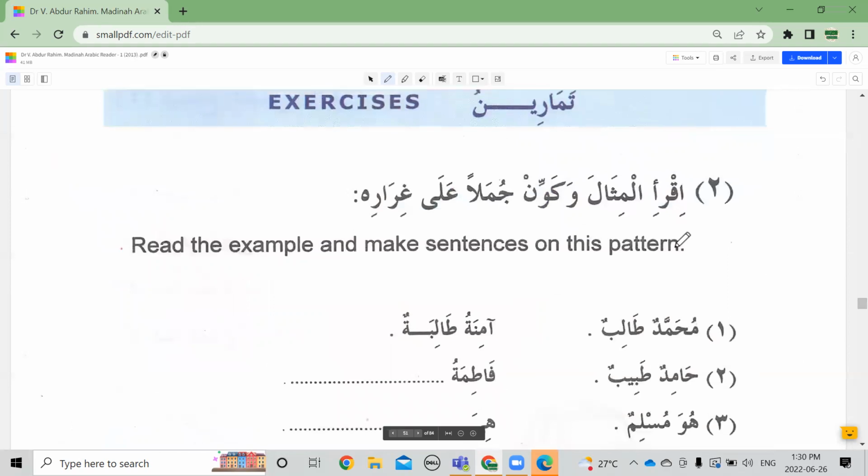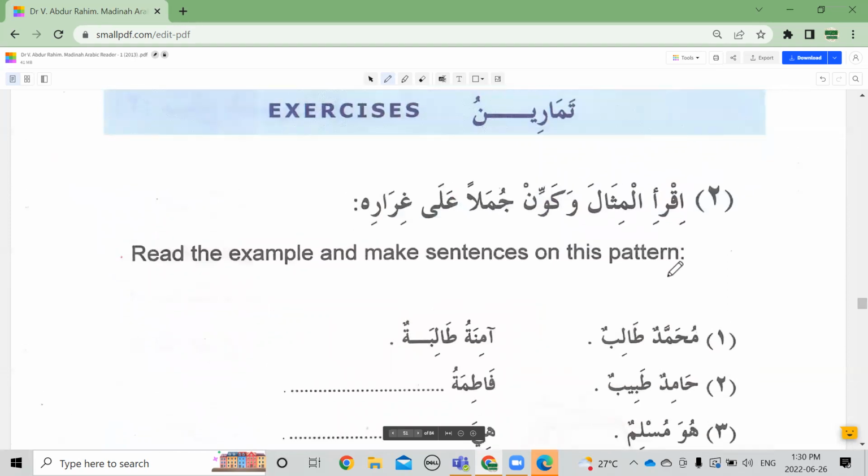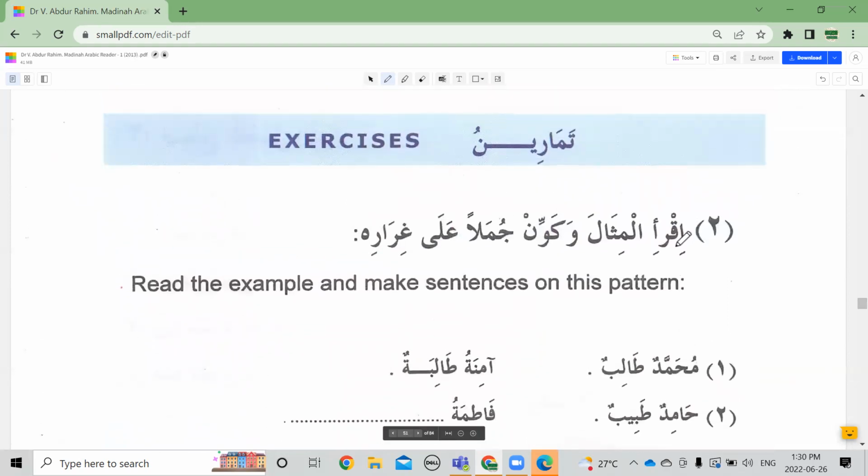Would you like to do a little bit of the exercise as well? Muhammadun, read the question please first. Iqra al-mithal wa kawwin jumalan alayhi.